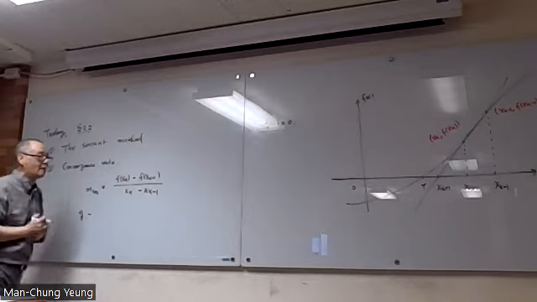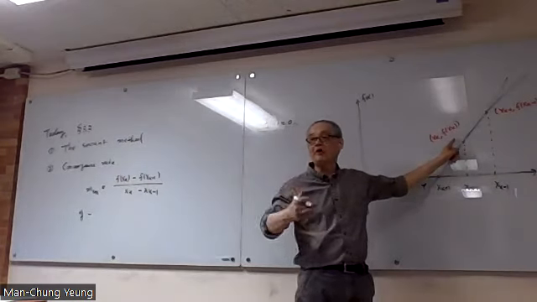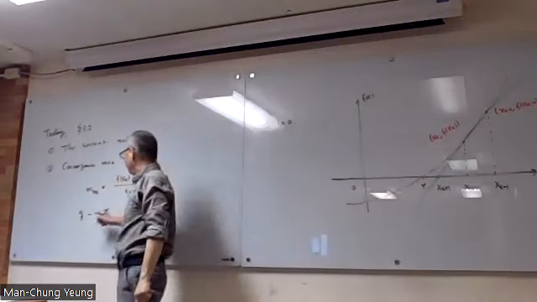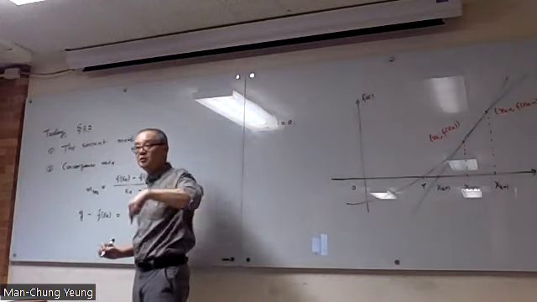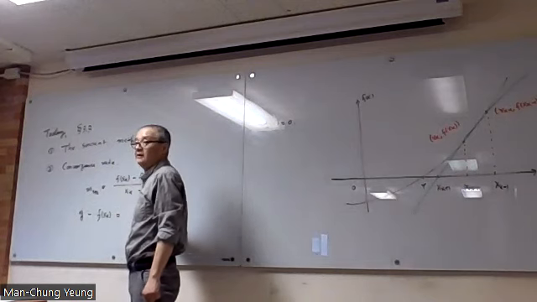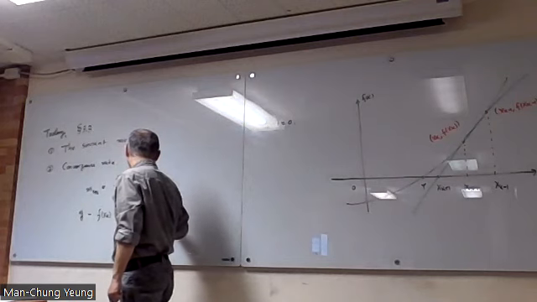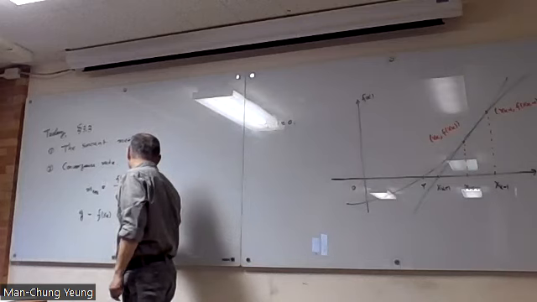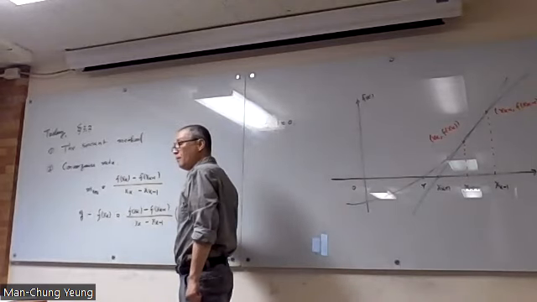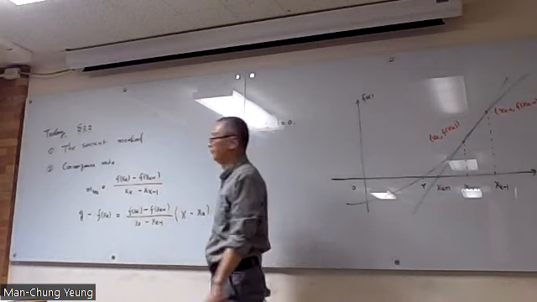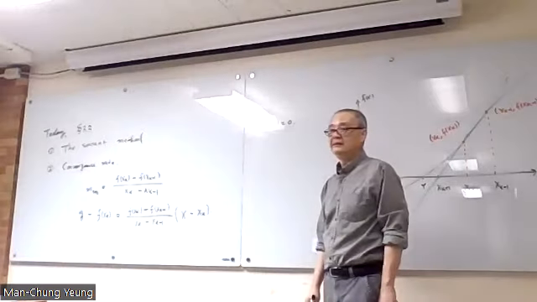Now, by the point-slope formula, I can write down the equation of the secant line. I have 2 points available; let me take this one. So y minus y1, the y value at x_k, is equal to the slope, (f(x_k) minus f(x_{k-1})) over (x_k minus x_{k-1}), times (x minus x_k).